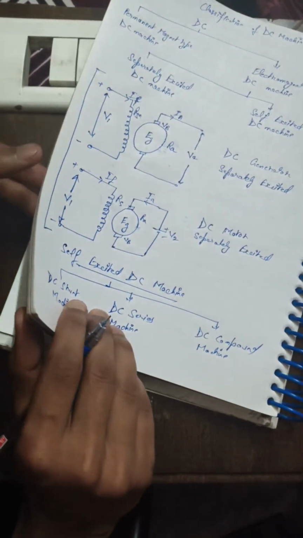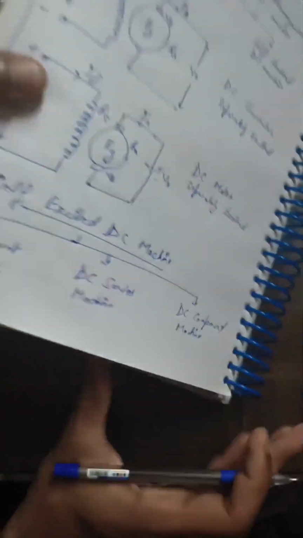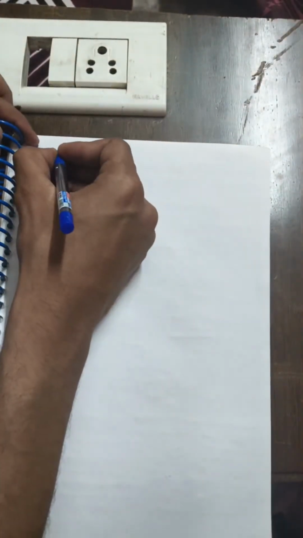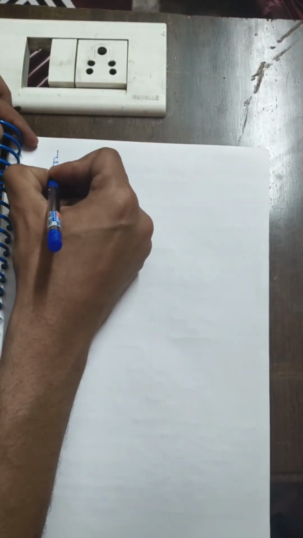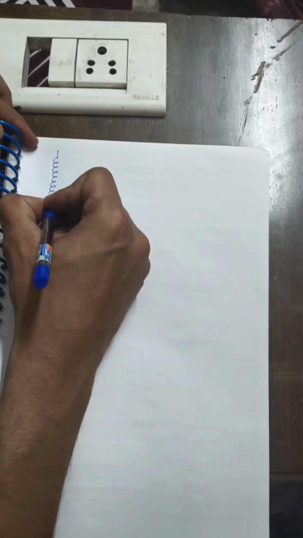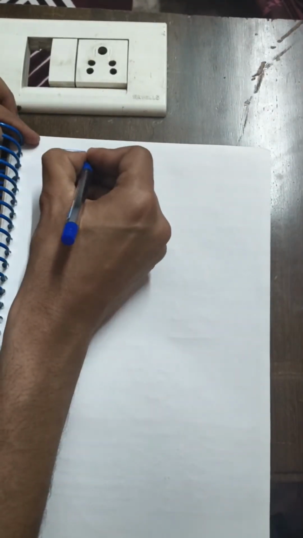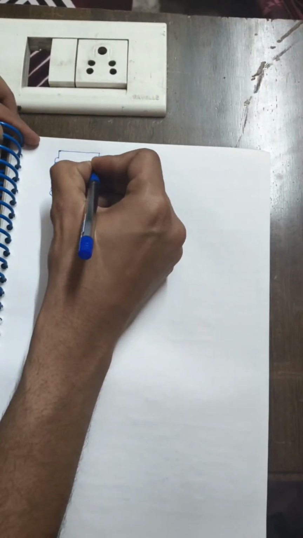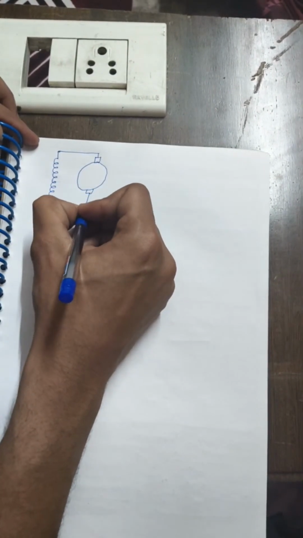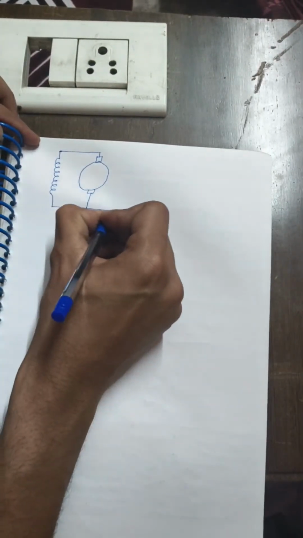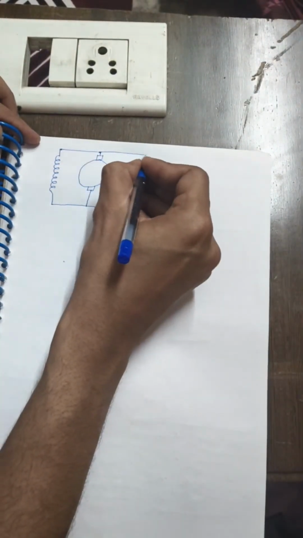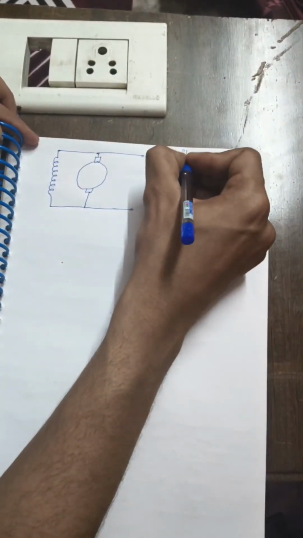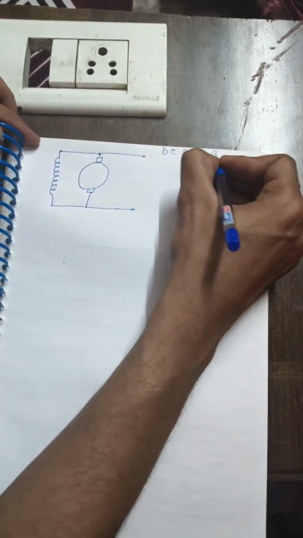For a DC shunt machine, the field winding is connected in parallel with the armature winding. Firstly, we are discussing the DC shunt generator.